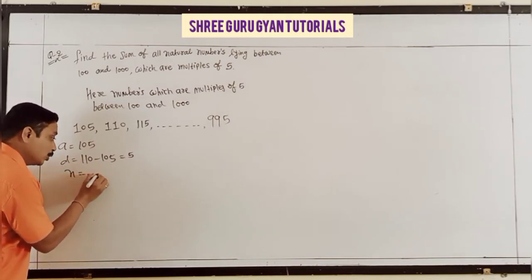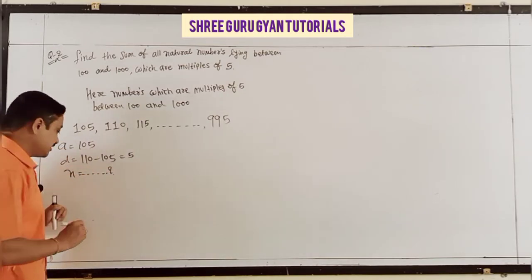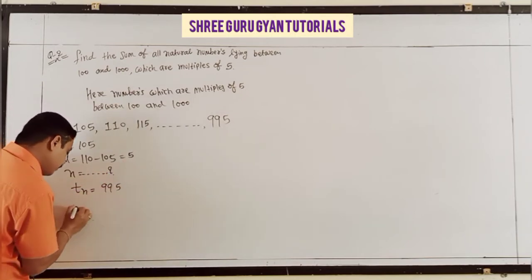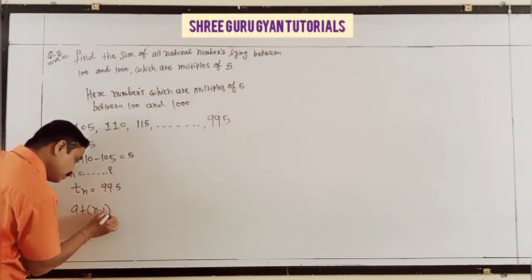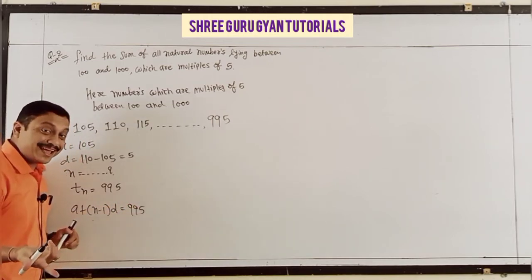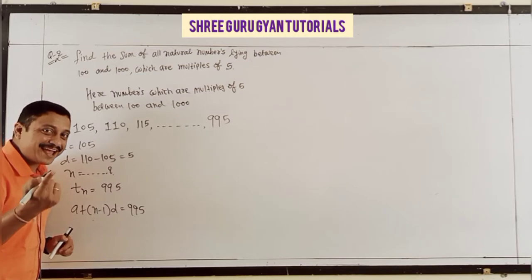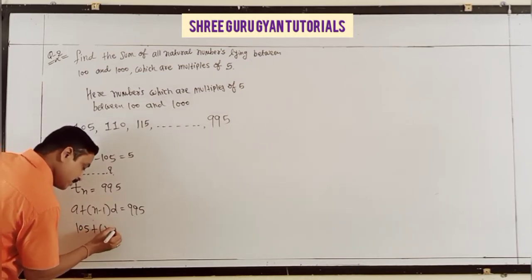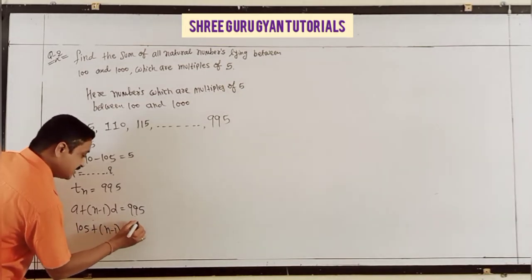The difference d: second term minus first term, it is 5. n is unknown. After that I go to Tn, the last term 995, which is a plus n minus 1 d. Putting in a and d to find n. What is a? 105. d is also 5.